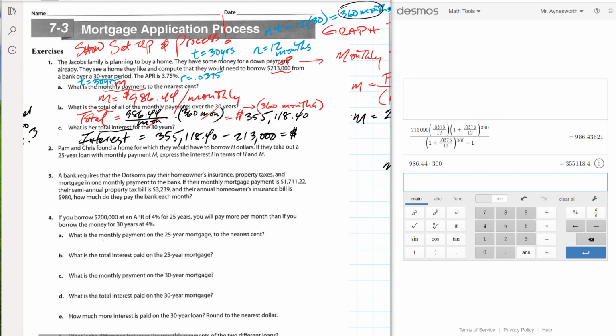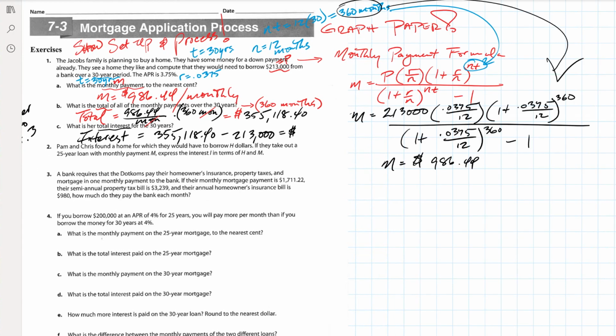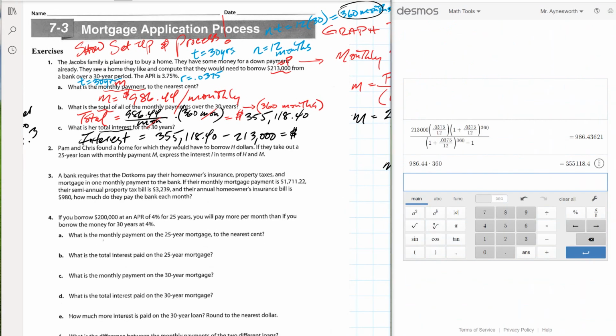When it comes to any loan, you always subtract the original principal from what you pay to get the interest. So let's do that. That's what the total is. Now we've got to subtract the loan amount, the principal, and we're going to pay $142,000 extra, and that, my friends, is called interest. So it's $142,000.